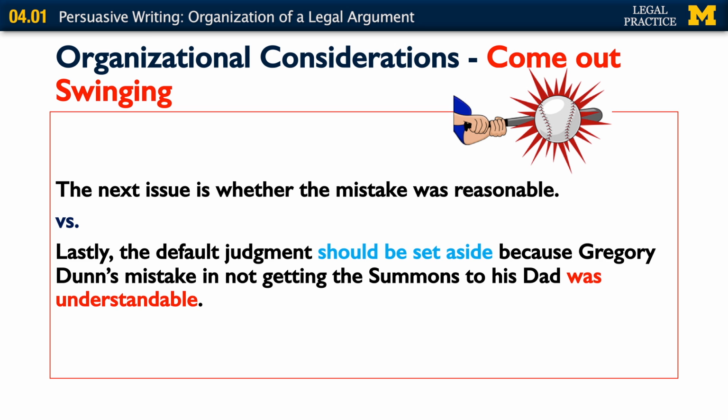Consider the alternative. Lastly, the default judgment should be set aside. That blue text reminds the court of what the client is asking for. Because Gregory Dunn's mistake was understandable, the red text provides the because to the judge. A much more effective and interesting start to your legal argument.